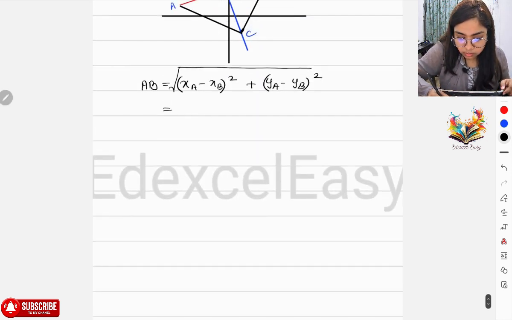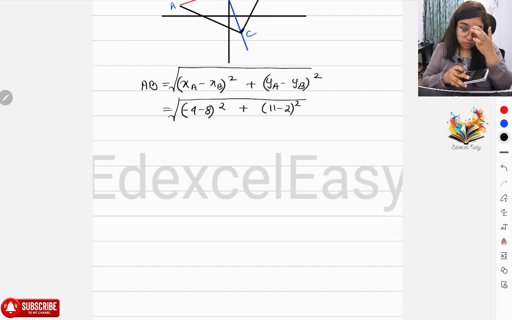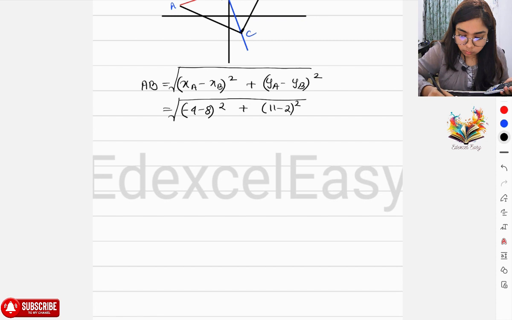This is going to be minus 4 minus 8 whole square plus 11 minus 2 whole square, everything under a root, which is 15. So the base of the triangle is 15.